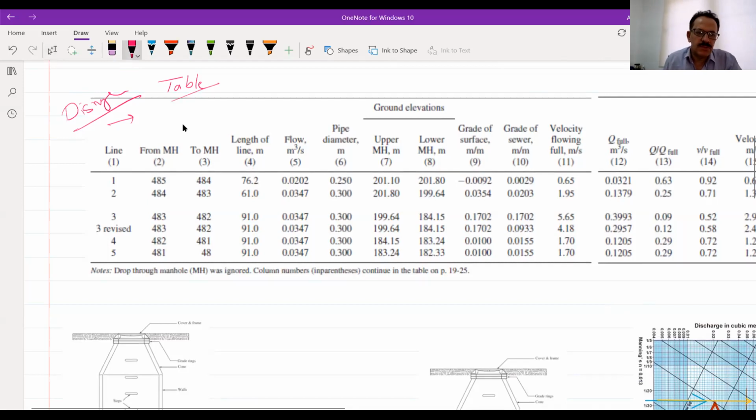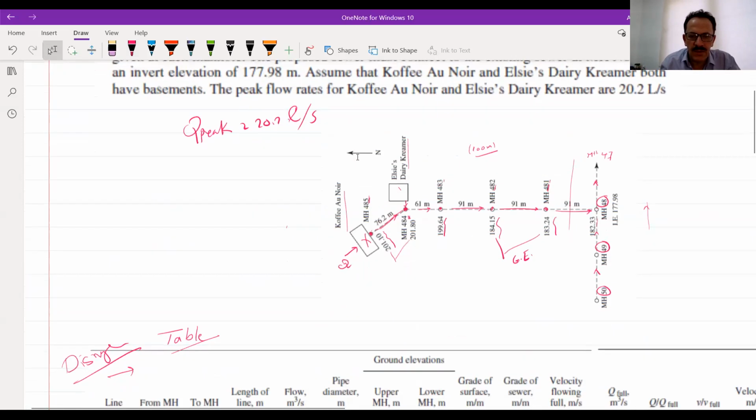Now, for this project, the design will follow this table. In the table, you have to start with the line. So line one, I mean by line one, here's line one. This is line number one.